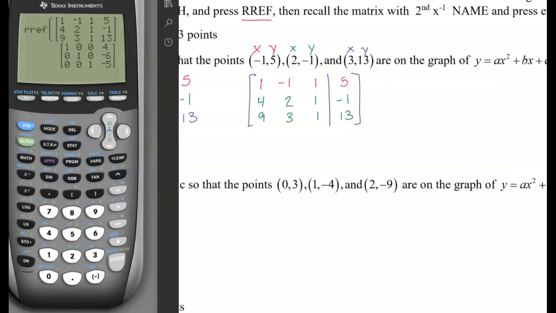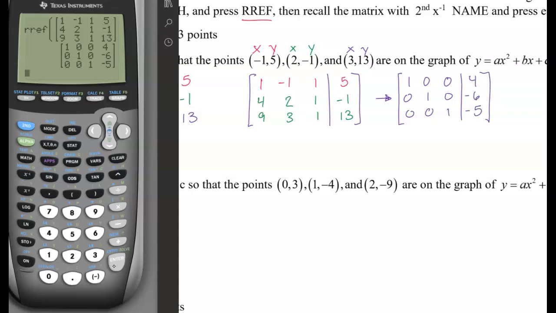And you get, when we row reduce this, 4, -6, -5.